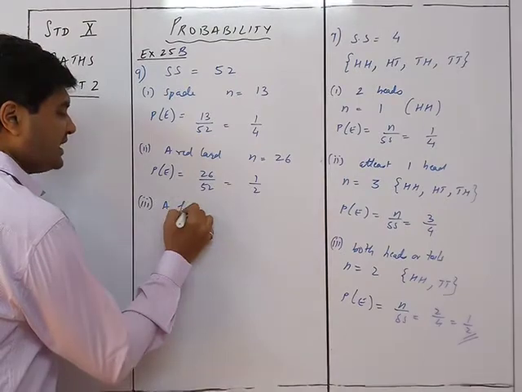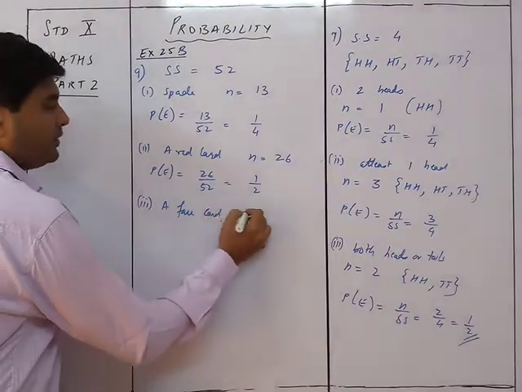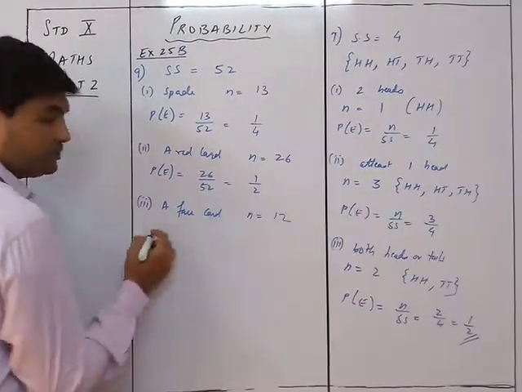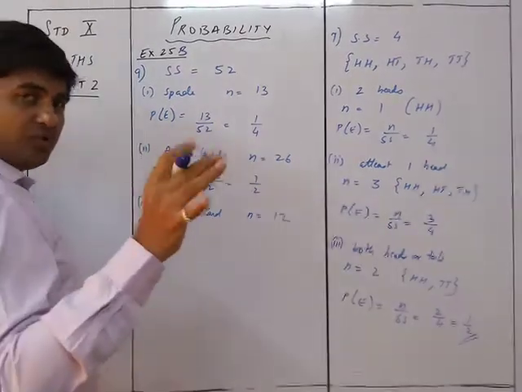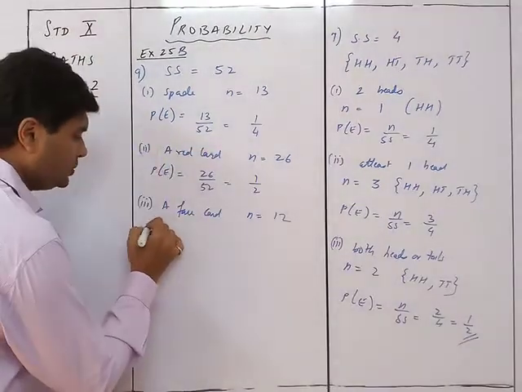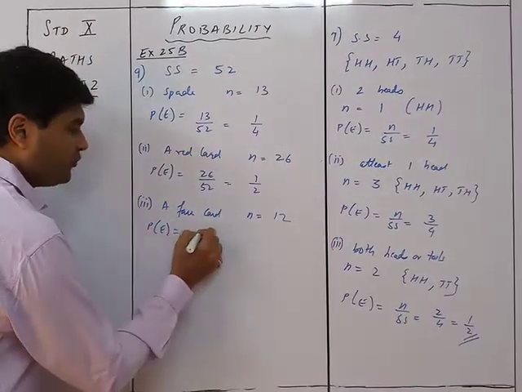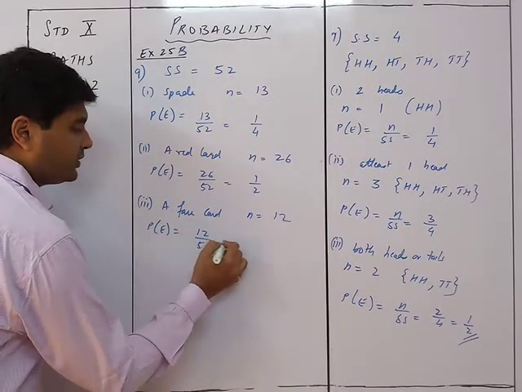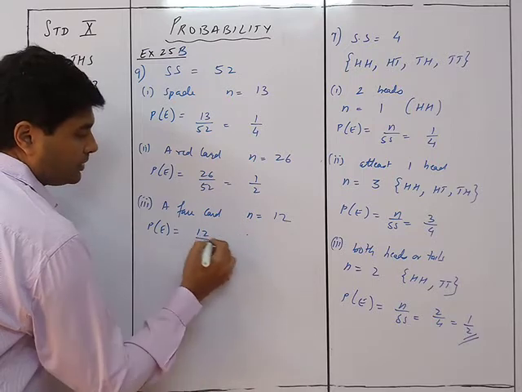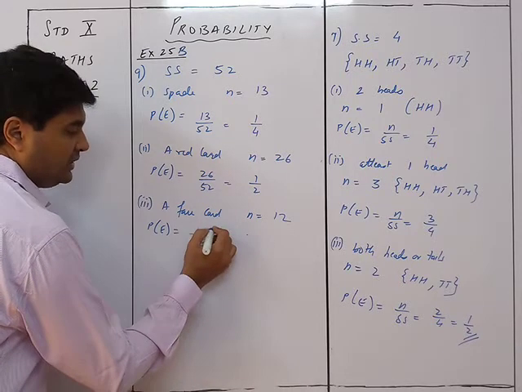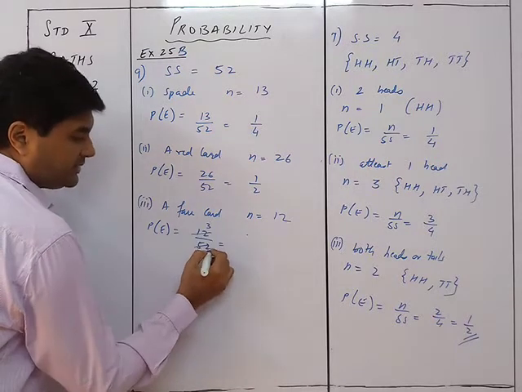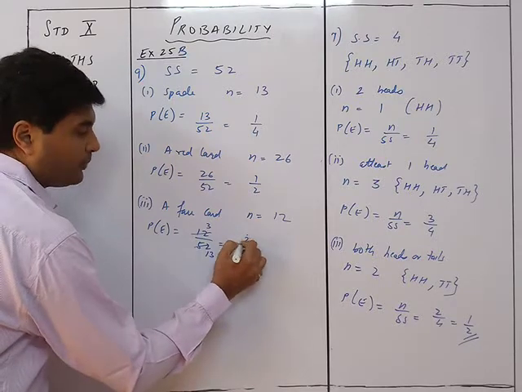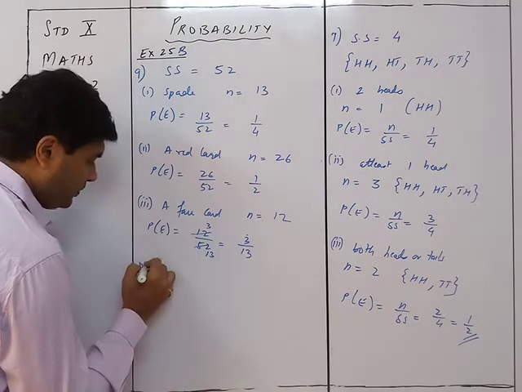For a face card, n is equal to 12, because 4 kings, 4 queens and 4 jacks. So P(E) will be equal to 12 upon 52, which is 4 3s are 12 and 4 13s are 52. So 3 upon 13.